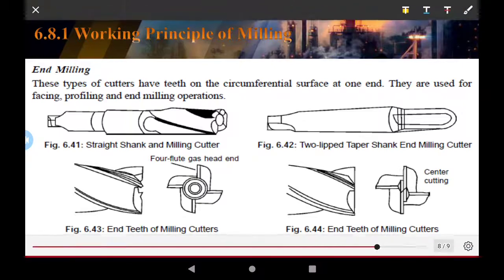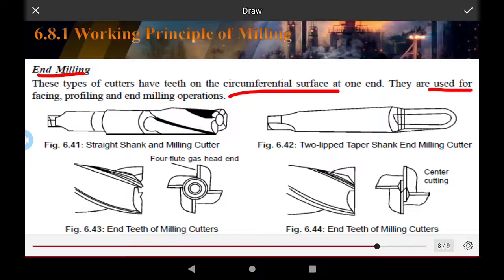The working principle continues in the milling machine. End milling: the types of cutter have teeth on the circumferential surface and are used for facing, profiling and end milling operations. This tool is made with grooves.